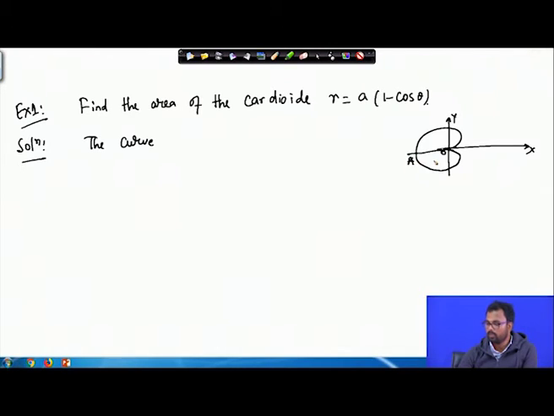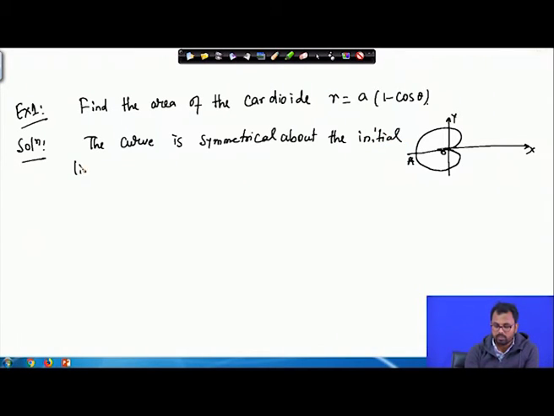Let us say this is the point A, and that is how it looks, and it is symmetrical. The curve is symmetrical about the initial line. The initial line is basically theta equals 0.